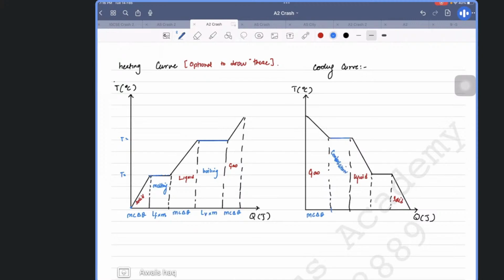For condensation, you use Lv times m, and then again, when the temperature changes, mc delta theta, and when it is constant, you take it as freezing, or solidification, whatever you call it, it's fine. So latent heat of fusion, and then again temperature change would give mc delta theta. That's how you can build it in stages, and that would help you get the idea of overall what's going to happen in the question.